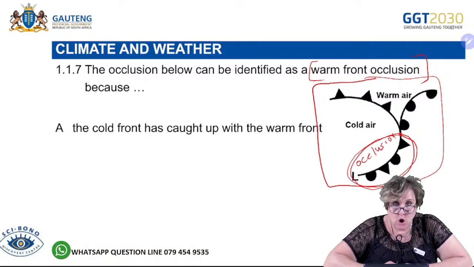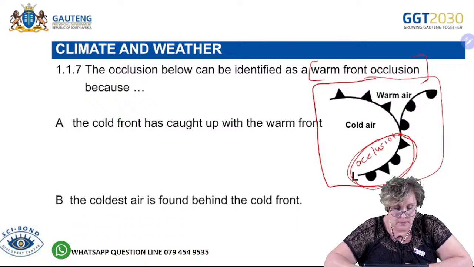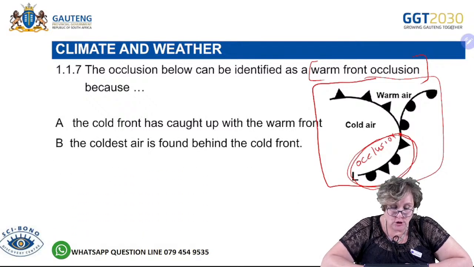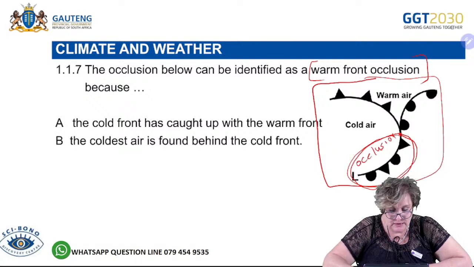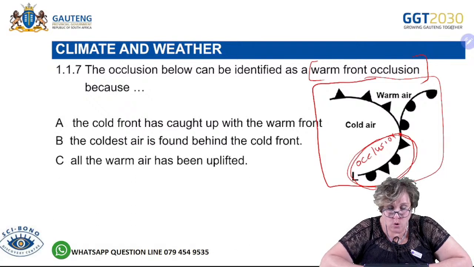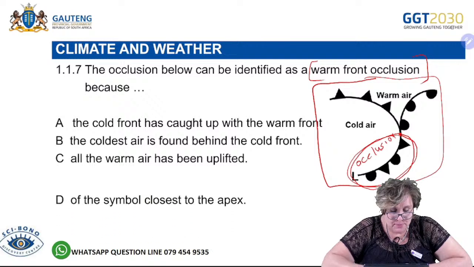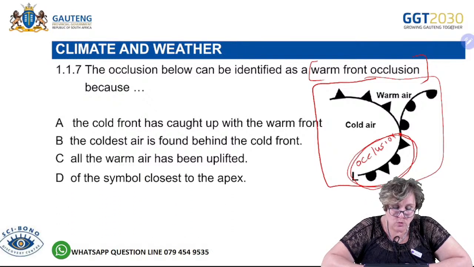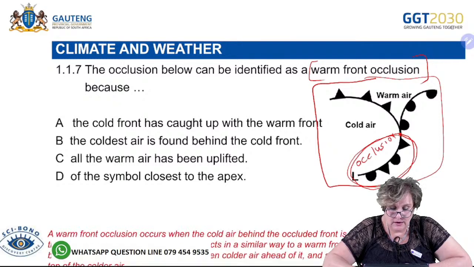A, the cold front has caught up with the warm front. B, the coldest air is found behind the cold front. C, the warm air has been uplifted. Or D, the symbol closest to the apex. Okay.